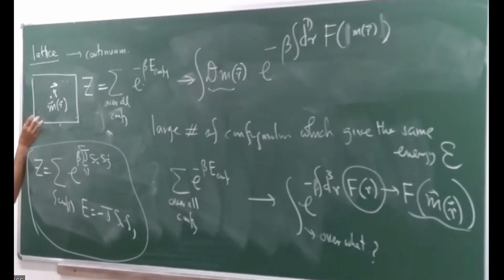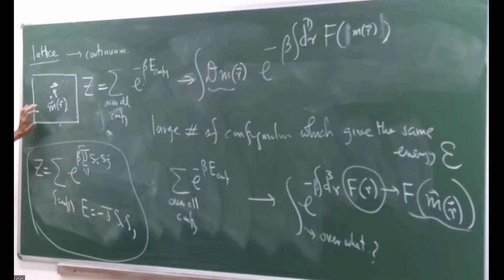Otherwise, what corresponds to a vector? What would it be if the spins, instead of being only up and down, could be pointing in different directions, which was the so-called Heisenberg model? Then the M over here is going to be a vector.